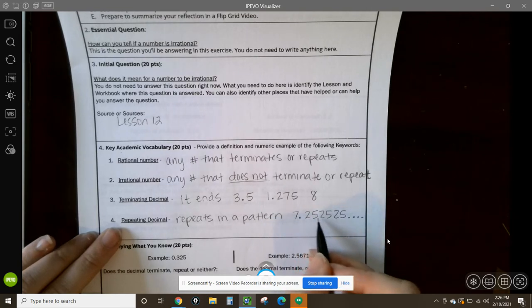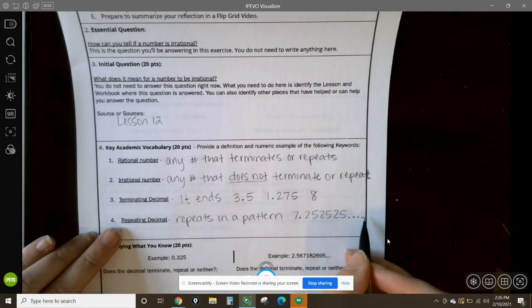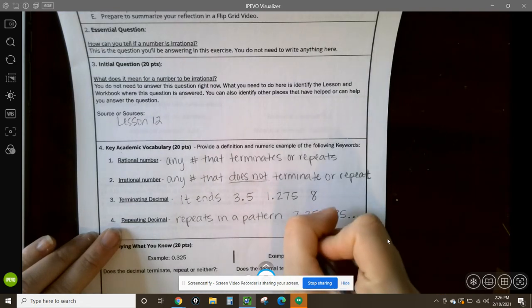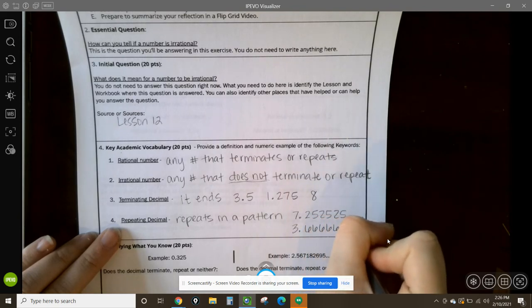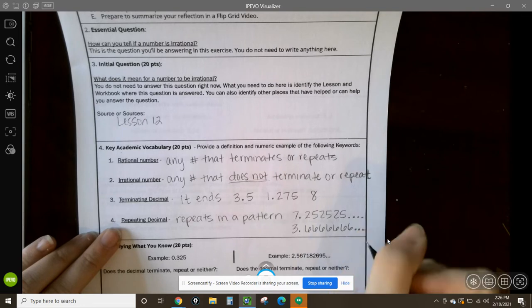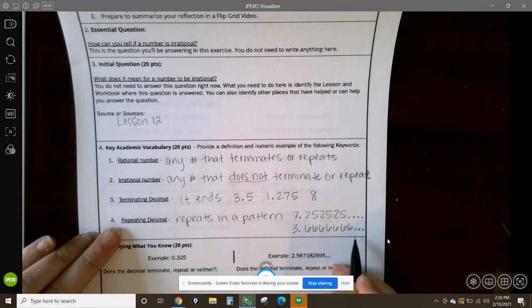It's the same pattern the entire way. Another repeating example would be something like 3.6666666. That's repeating. It's repeating the same number all the way. So these are examples of repeating decimals.